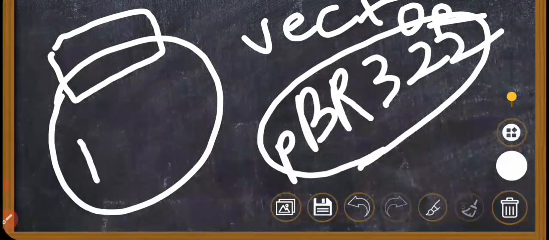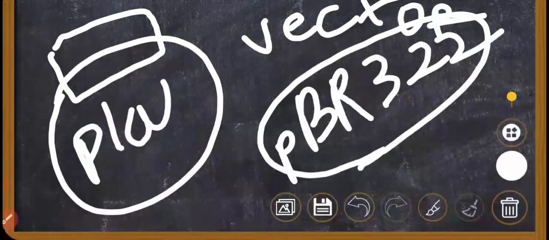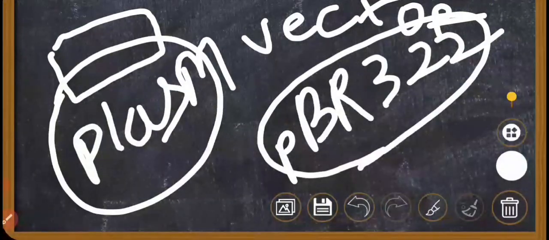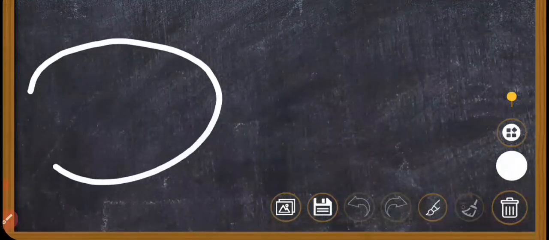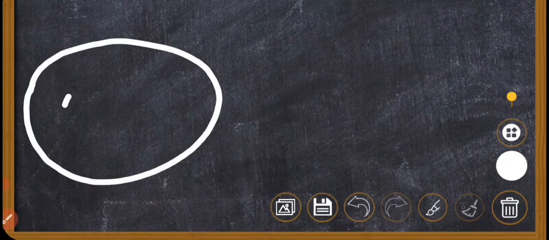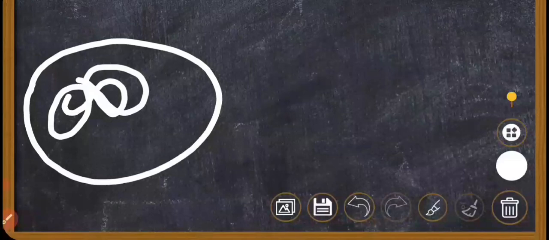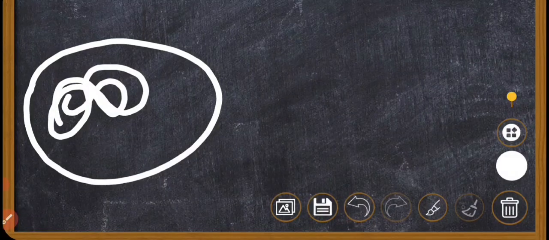This vector is nothing but a plasmid, which is extra chromosomal DNA. In bacteria, suppose there is a gene inside, but one more gene is also present in that bacterium, which is called an extra chromosomal gene, and this can be used as a vector.